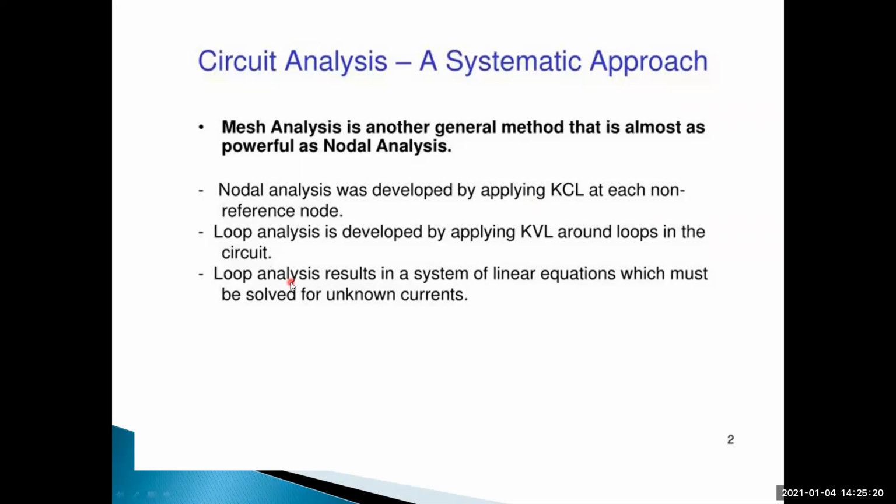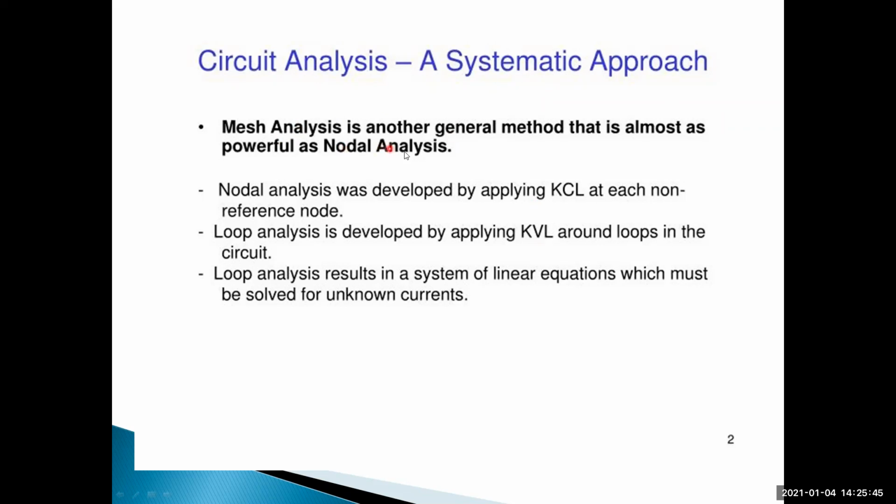Understood? It is a simple concept. In node analysis, KCL at a node, we have to find the equations. But in loop analysis, using KVL, in a loop we have to find the voltage drops. The sum of all voltage drops is equal to 0. Understood?